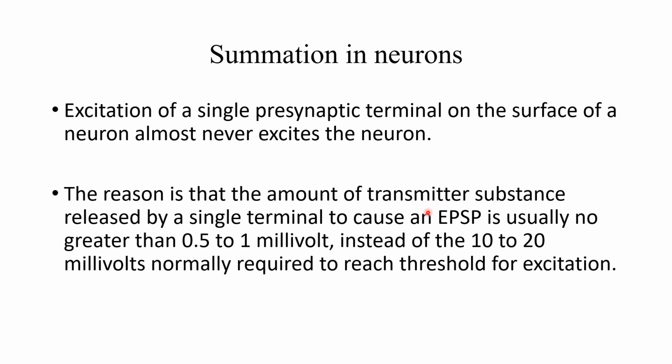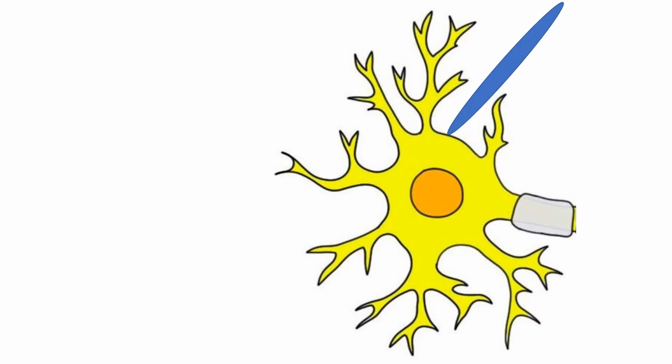because one excitation, or one EPSP, excitatory postsynaptic potential, is almost never enough to reach a threshold, which needs at least 10 to 20 millivolts for excitation. For example, an EPSP of 5 millivolts will not reach a threshold and fire an action potential.